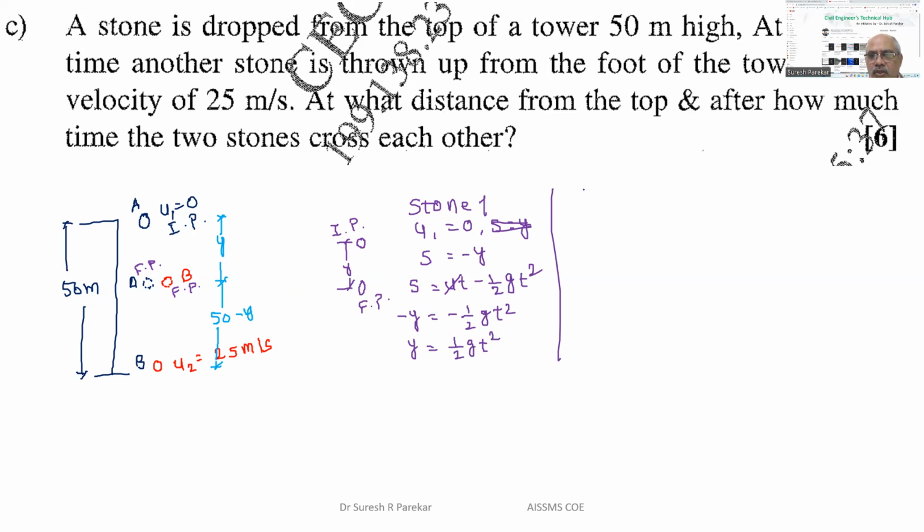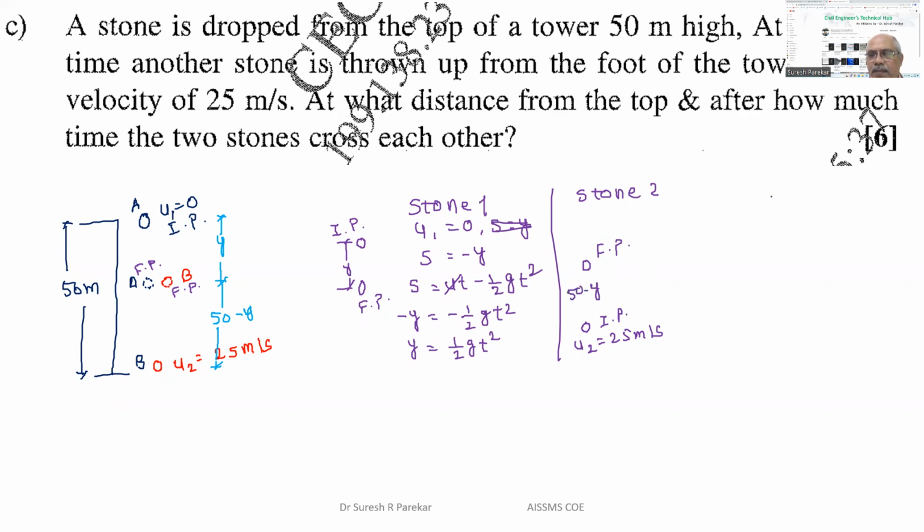Now you can have stone 2. So stone 2, now we have u2, 25 meters per second. And then it will reach where I have the final position. This is initial. And we have this distance as 50 minus y.